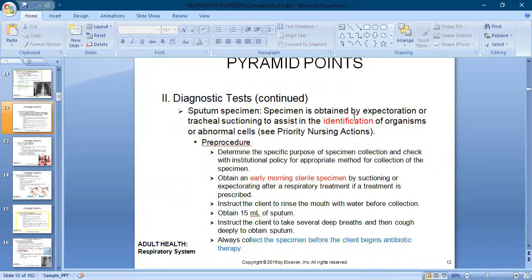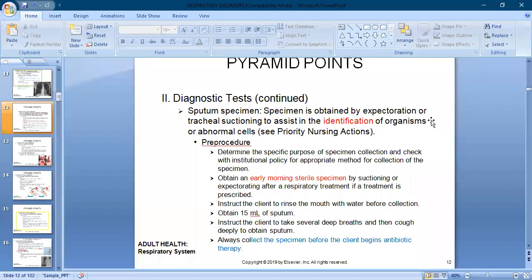If the patient has an infection, we have to collect the sputum and culture it to find out what organism it is. But if you start the antibiotic once, you will not get this anymore.